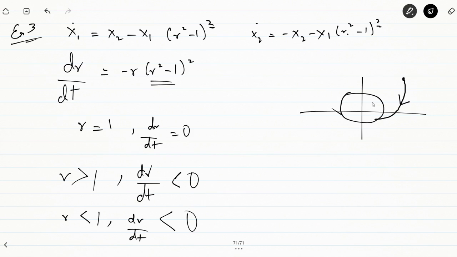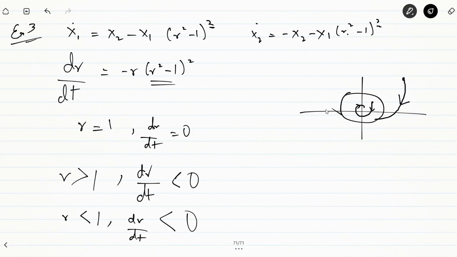That means if there is any initial condition that lies within this closed curve, its velocity is still negative. That means it will still tend towards the origin and not towards the limit cycle, towards the closed curve. So this trajectory is not converging towards the limit cycle, it is diverging away from the limit cycle.